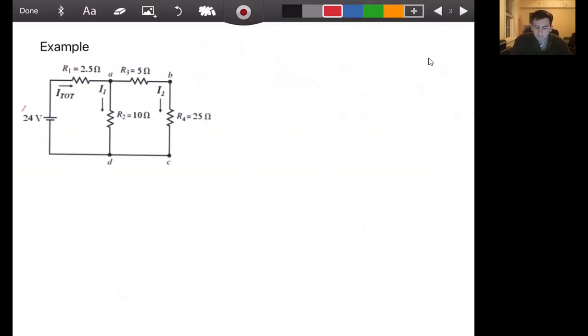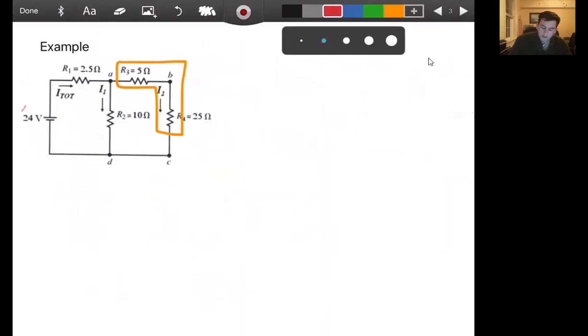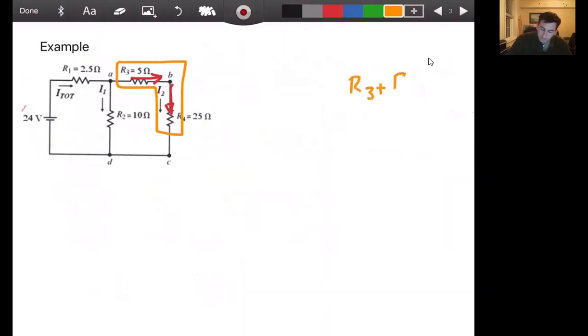Another example. In this case, we note that we have R3 and R4, although they are perpendicular to one another, they're in series, because the current which passes through R3 is the same current which passes through R4. So those we put in series with one another. R3 plus R4.